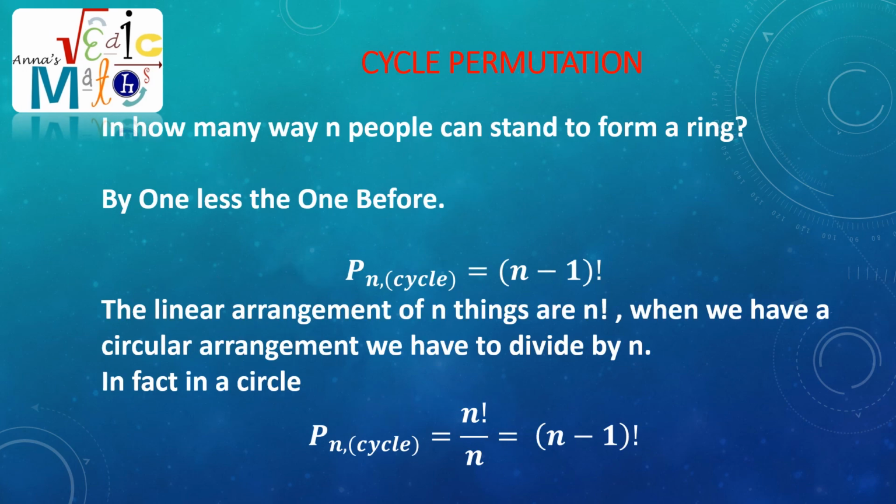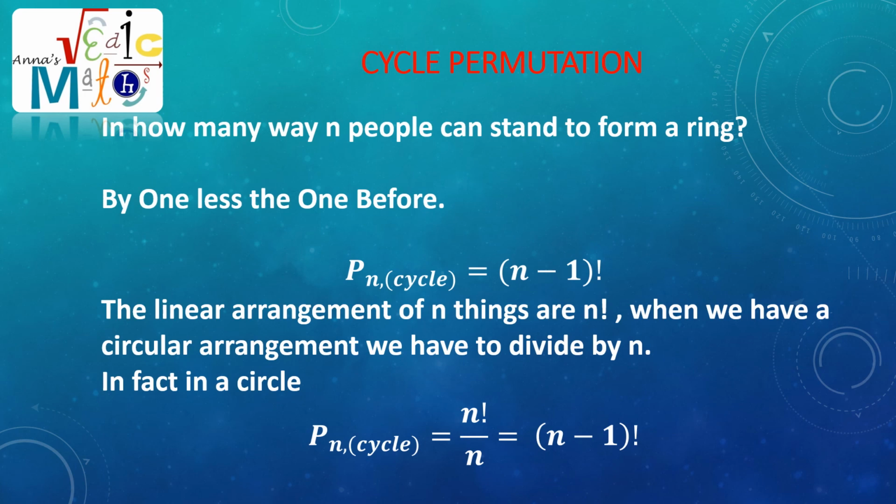Cycle permutation. In how many ways can n people stand to form a ring? The sutra we use is by one less than the one before. The permutation of n elements in a cycle is n minus 1 factorial.